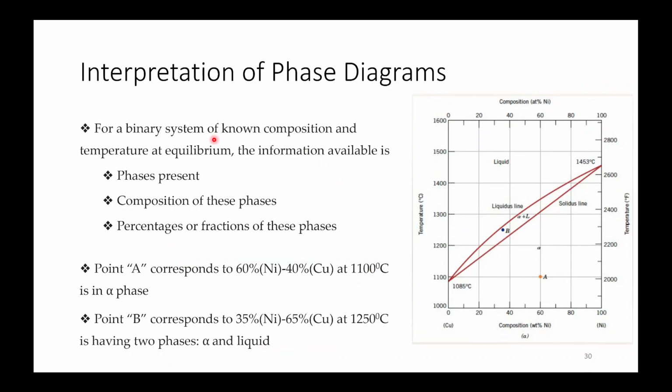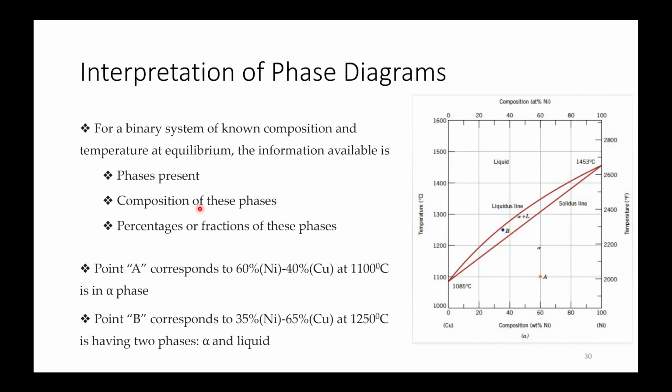For a binary system of known composition and temperature at equilibrium, the information available is, we know what phases are present, such as here liquid, alpha plus liquid is existing here, alpha is existing here. For these phases we know at a particular combination of composition and temperature which phase will be present.